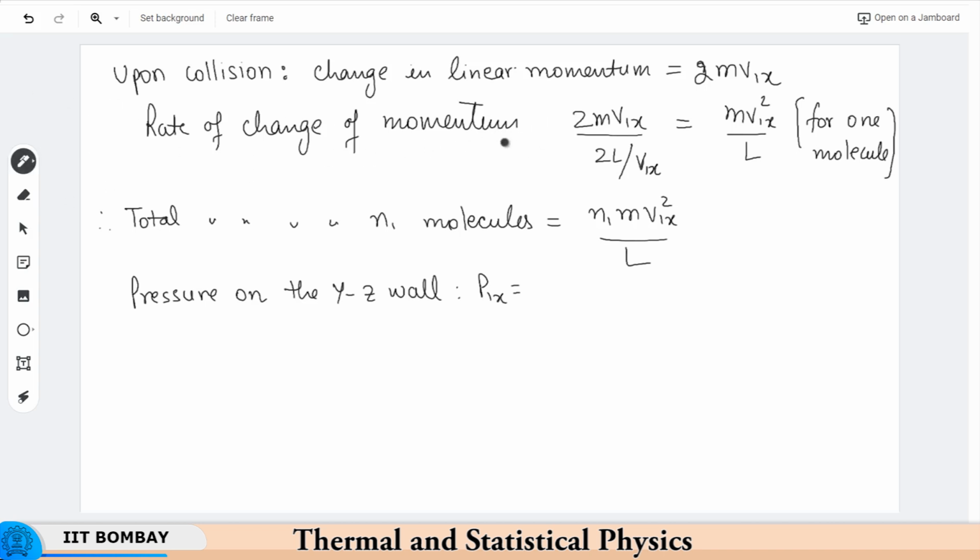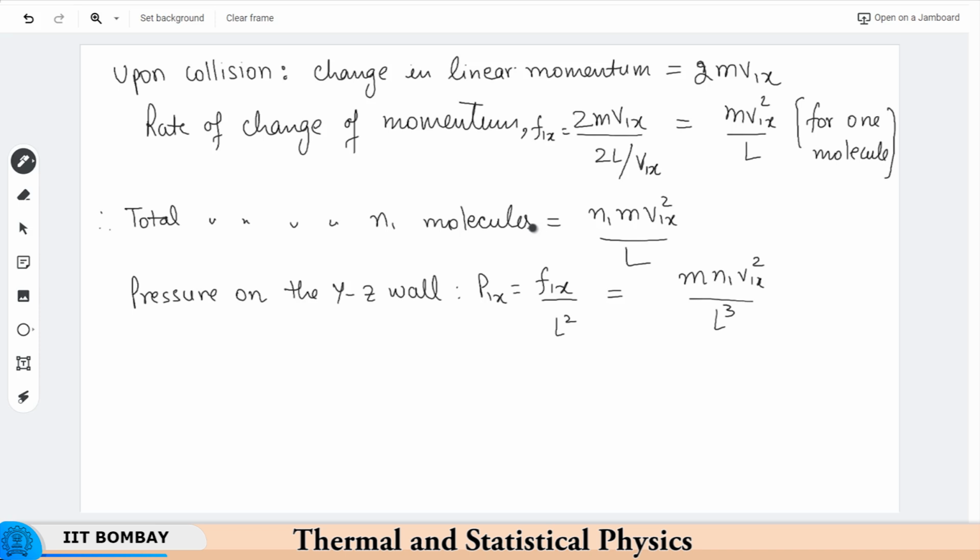So the rate of change of momentum is nothing but F1x, right. So we can say P1x is nothing but F1x divided by the area which is L squared, and this becomes m n1 v1x squared divided by L cube, all right.